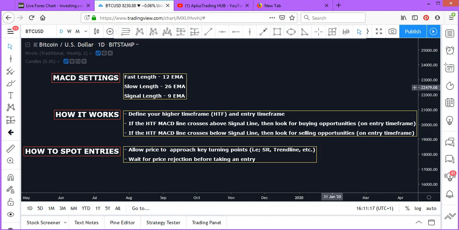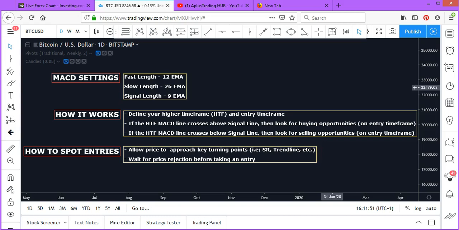Basically, what we are going to be looking at is, if the higher time frame MACD line crosses above the signal line, we'll be looking for buying opportunities in the entry time frame. If it crosses below, we look for selling opportunities on the entry time frame.